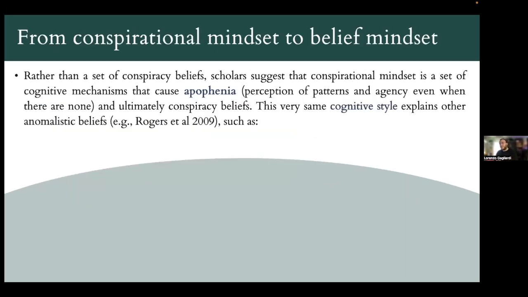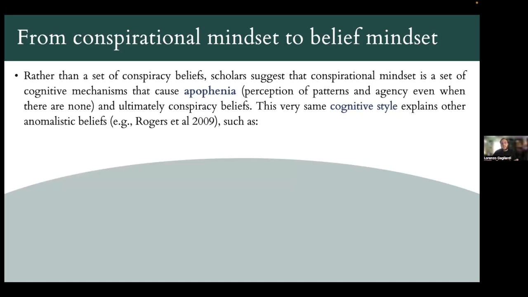some other scholars shifted from the monological belief system to explaining conspirational mindset as a set of cognitive mechanisms, which lead people to apophenia, which is over-perceiving patterns and agency in naturally occurring events. And these mechanisms all ultimately lead to conspiracy beliefs.